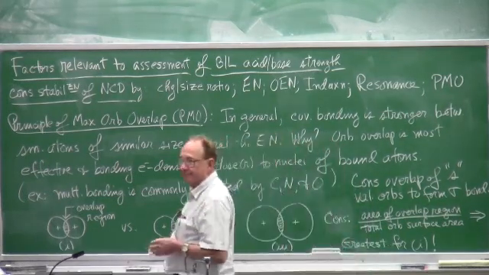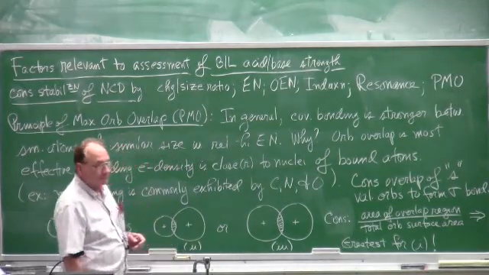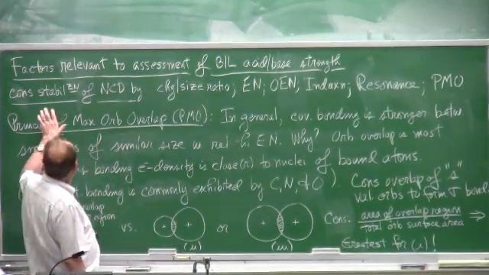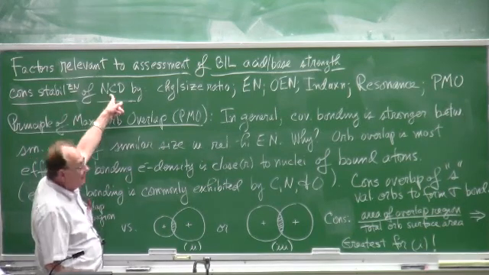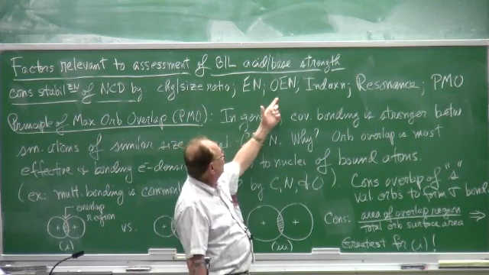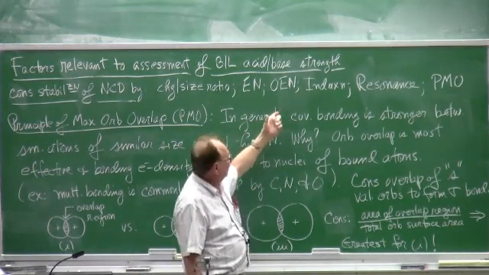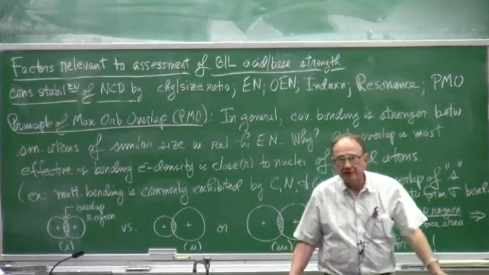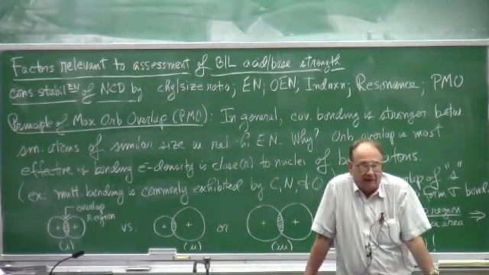So far, in our grab bag of factors: stabilization of negative charge density by charge to size ratio, electronegativity, orbital electronegativity, induction, which is an extension of the idea of electronegativity.